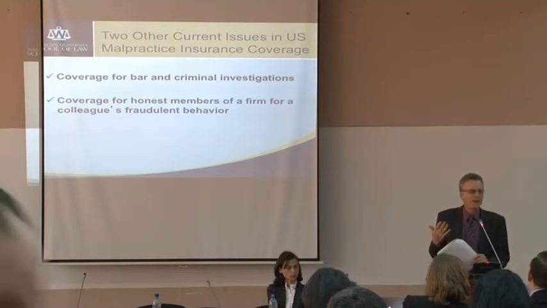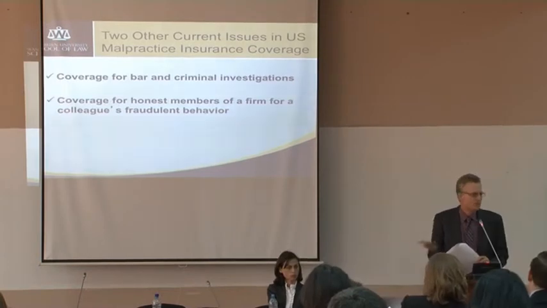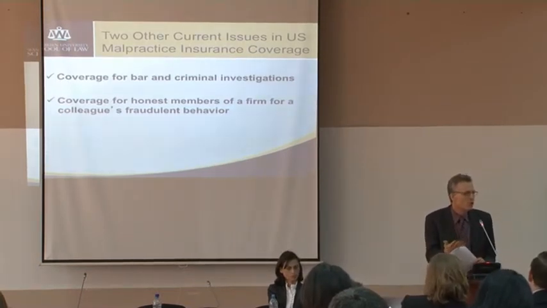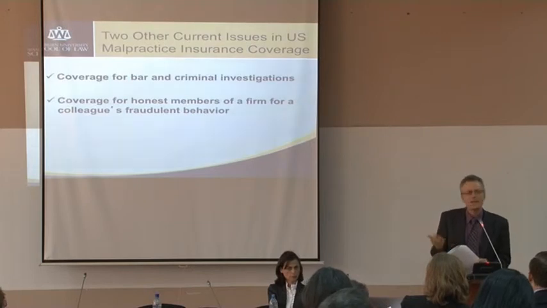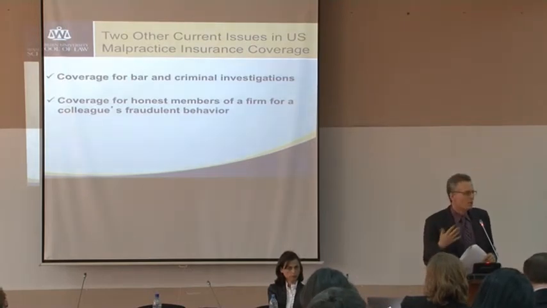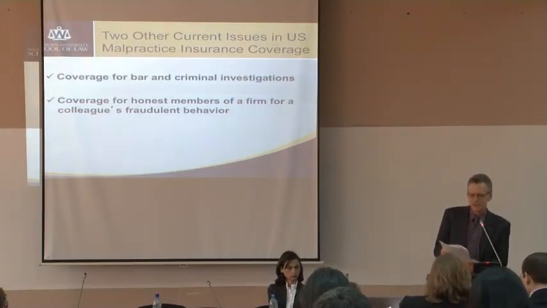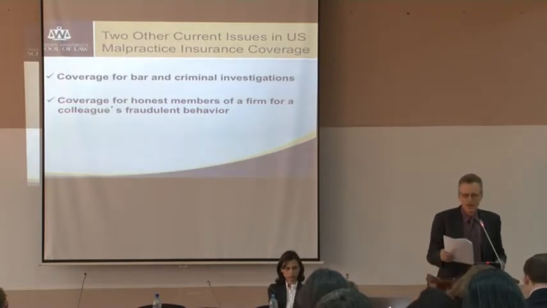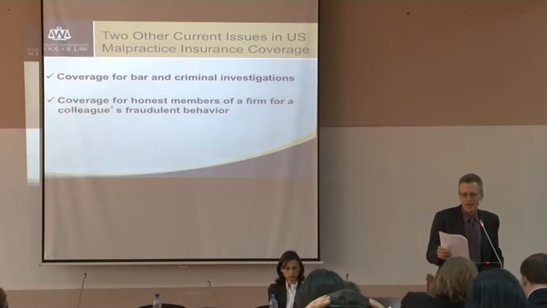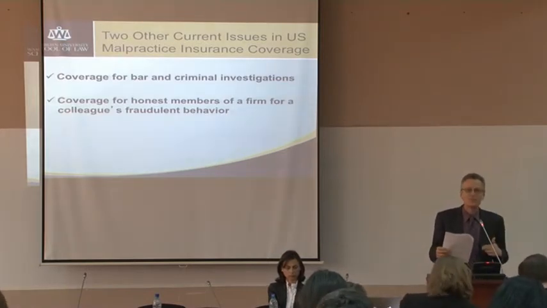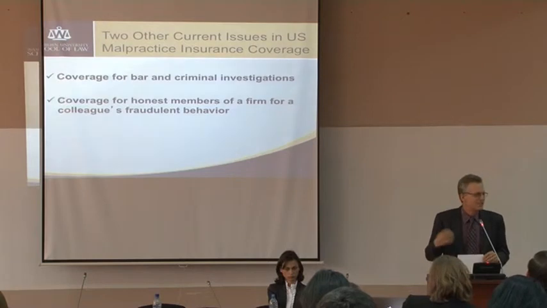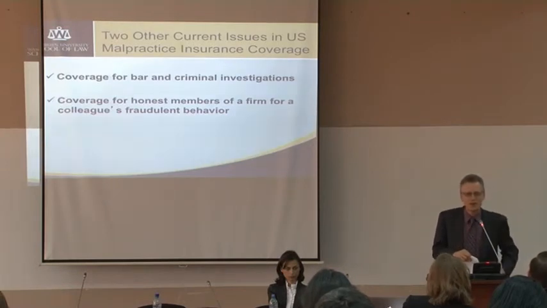Some courts have said the fraud of the partner is charged to his or her co-partners, and some courts have said that they are completely independent, and so they can get coverage. What's nice is in this policy, right above the one I just showed you, that's provision 2 on the same page, this policy expressly says that the innocent partners will still receive the benefit of the insurance coverage, even if their partner has engaged in fraudulent behavior.